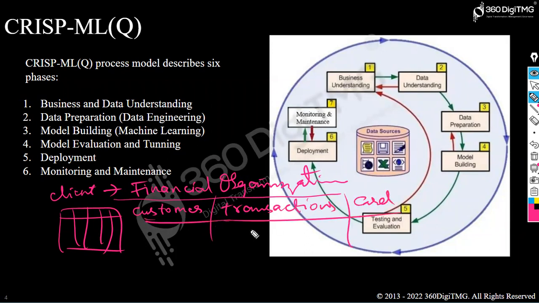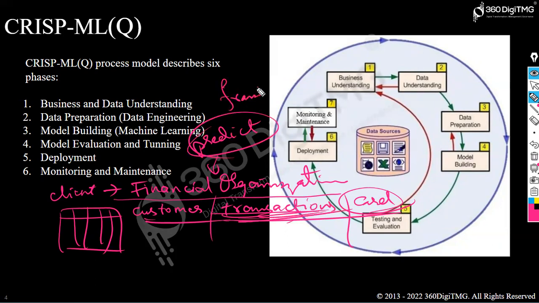The customers are using their cards to make transactions and we need to predict which transaction is a fraud transaction. What is the objective here? Detecting the fraud transaction. Why is it to be done? To get trust in this financial organization.